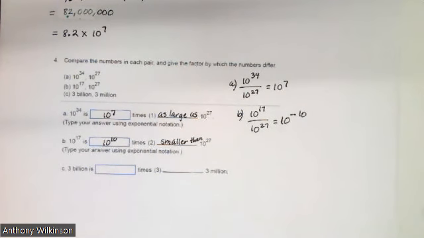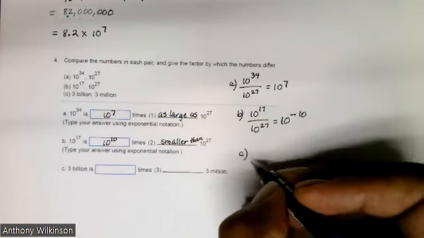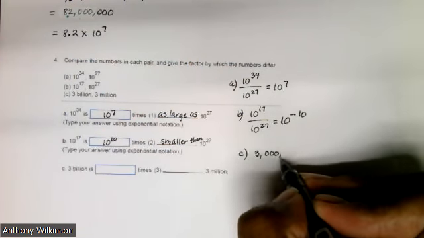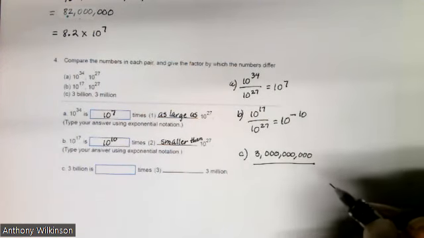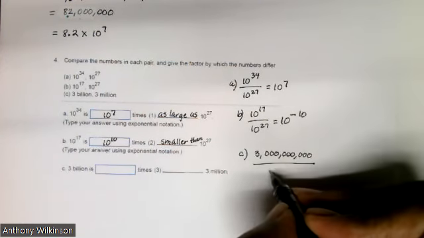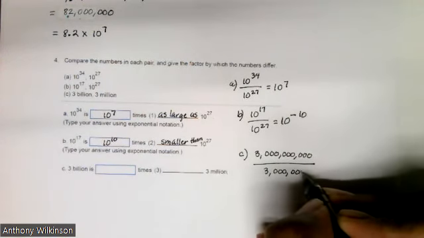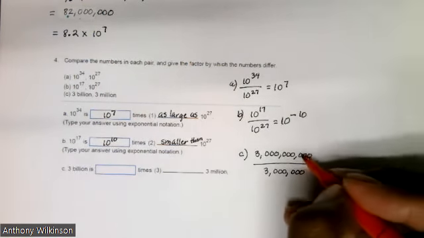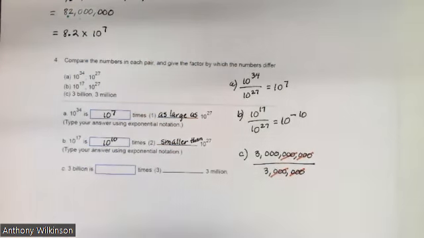And then part C, 3 billion compared to 3 million. Let's write 3 billion as 3 with 9 zeros. That's how we write 3 billion. On the other hand, 3 million is 3 with 6 zeros behind it. Here I'm going to divide out a period of zeros like this.